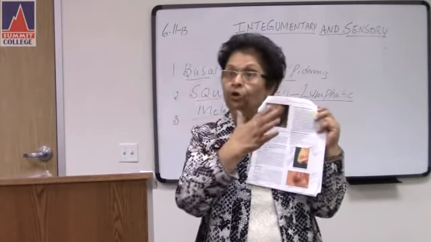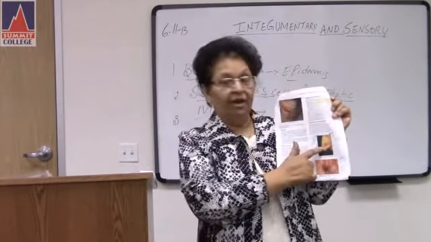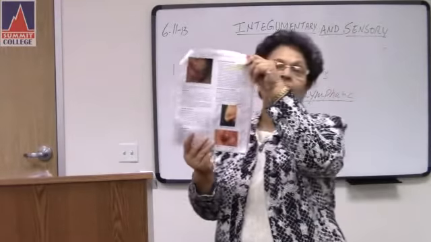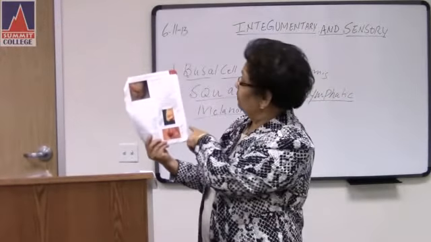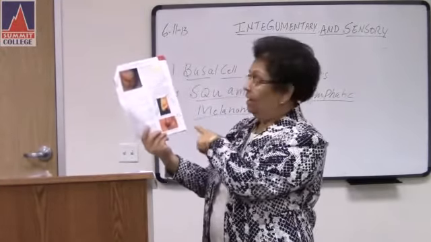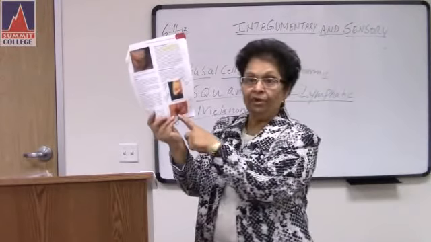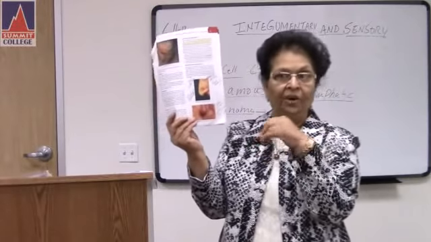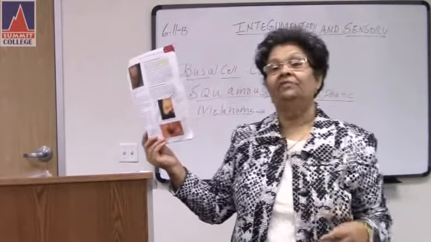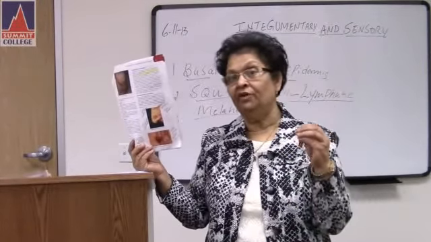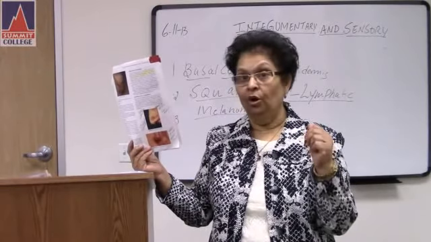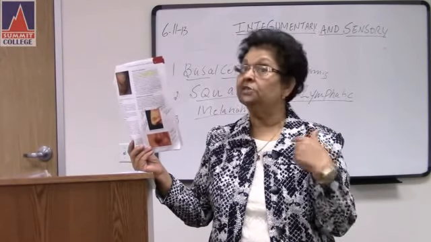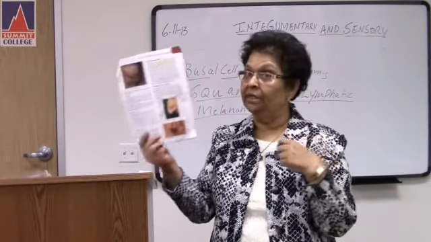This one on the nose is basal cell, and this one is more rounded and looks more ulcerated. I will pass it around so you can see it, but I advise that whenever you go for your exam, you must look at all your wound care questions, because we are nurses, you can get all these pictures.